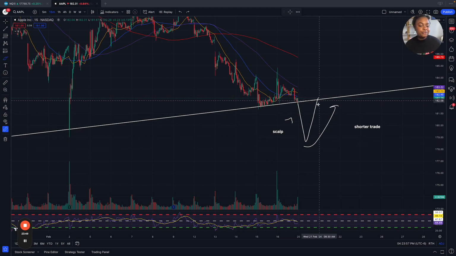Not so much getting in here unless the market was, again, in confluence with a move back up. But when it returns to the trend line, that will determine which way I swing it. If it breaks back inside of the trend line, I'm getting in calls. If it rejects this trend line, we'll go ahead and get in puts.